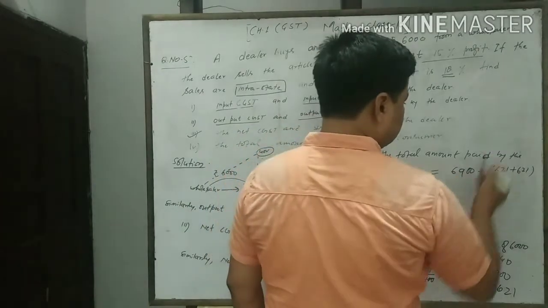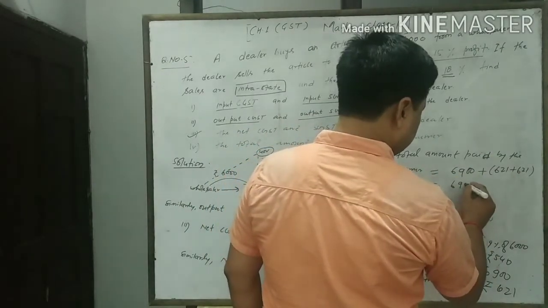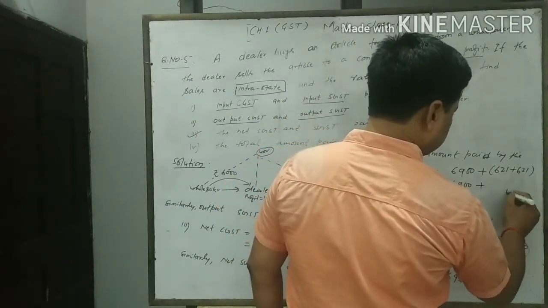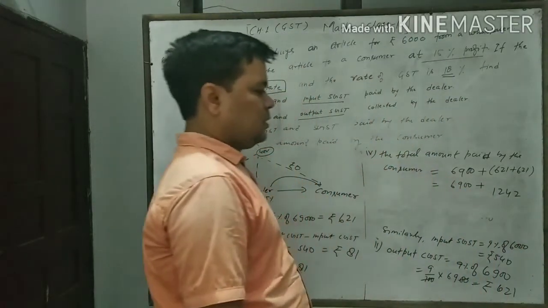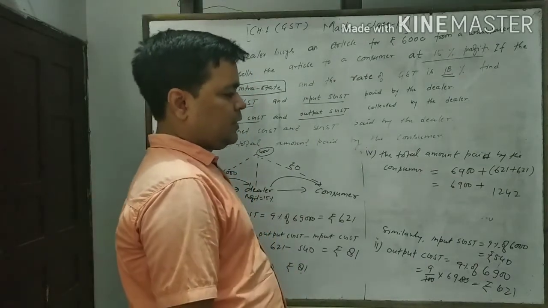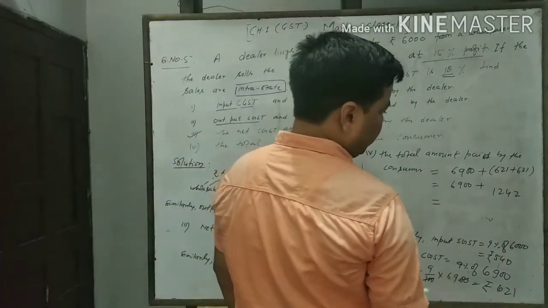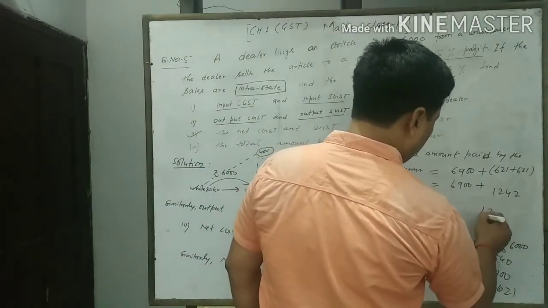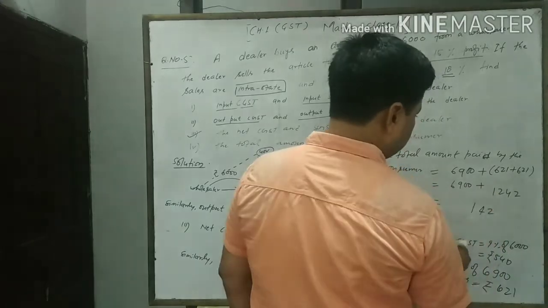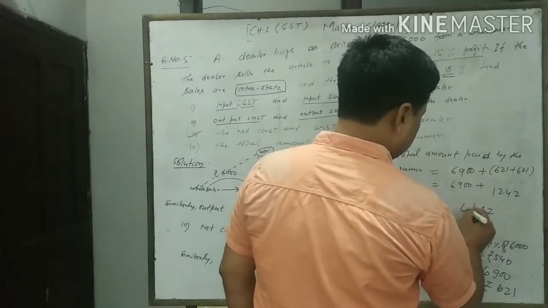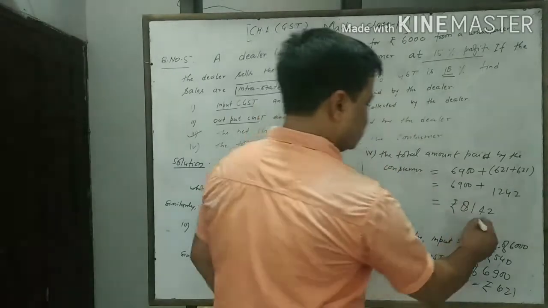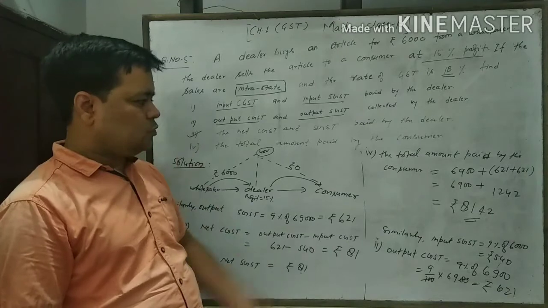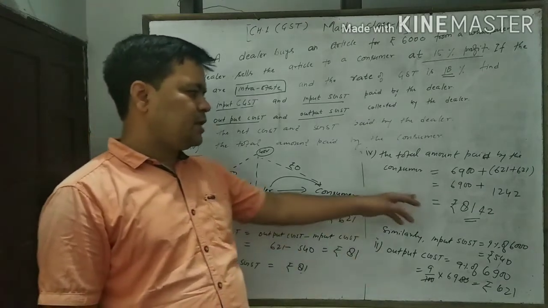Here, if we add 6,900 plus 1,242, then it will be 8,142. This is the total amount of the article paid by the consumer.